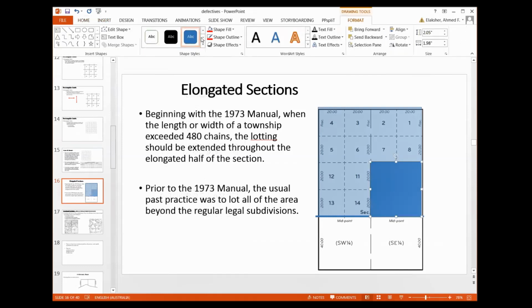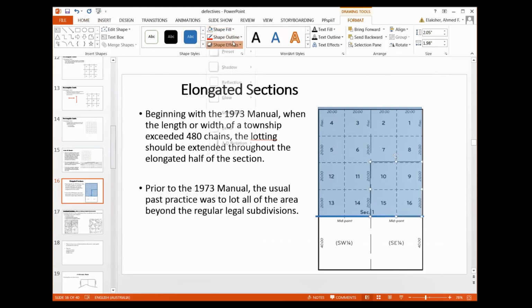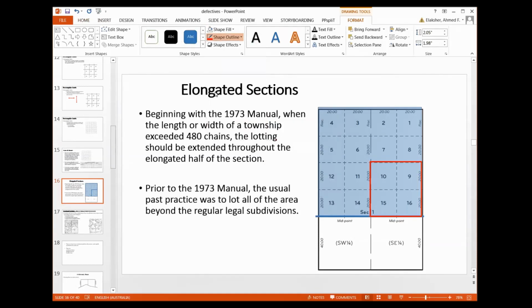let's use a different color here, or maybe no fill, and then we put the outline as this length and this color. This was the red box here. That was section 1, the northeast quarter of section 1.